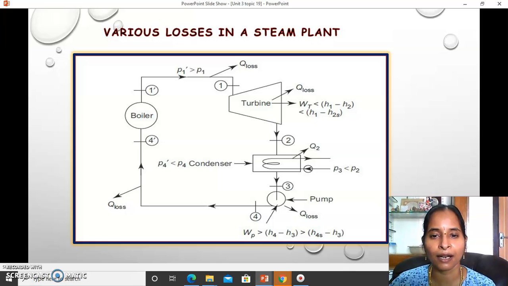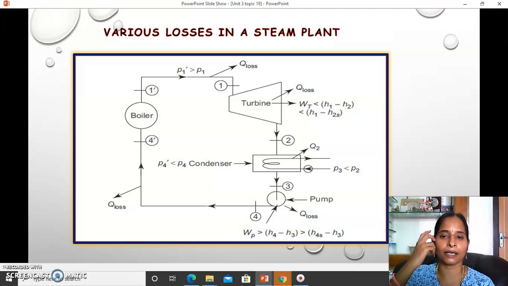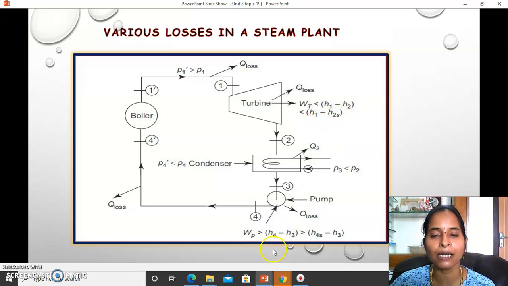Wear and tear and other friction, very important, friction, wear and tear, blade erosion, make so many pressure losses and heat losses, and of course the process could be neither adiabatic nor reversible, and thus many losses will accumulate in the turbine, so that the delivered work output is not matching.